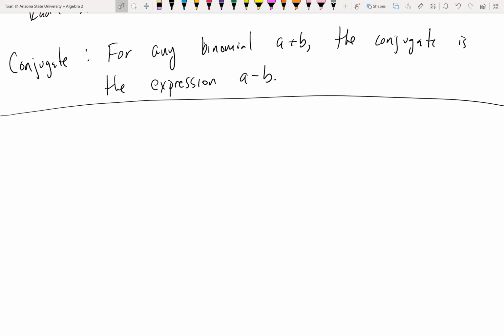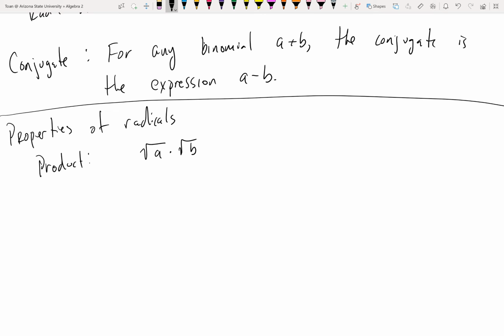The formal names are called the product property, which basically says if you have two separate square roots and you're multiplying them, you can squish them together as one giant square root. Of course, you can go forwards and backwards. If you had one giant square root, you can break them apart into two separate square roots.